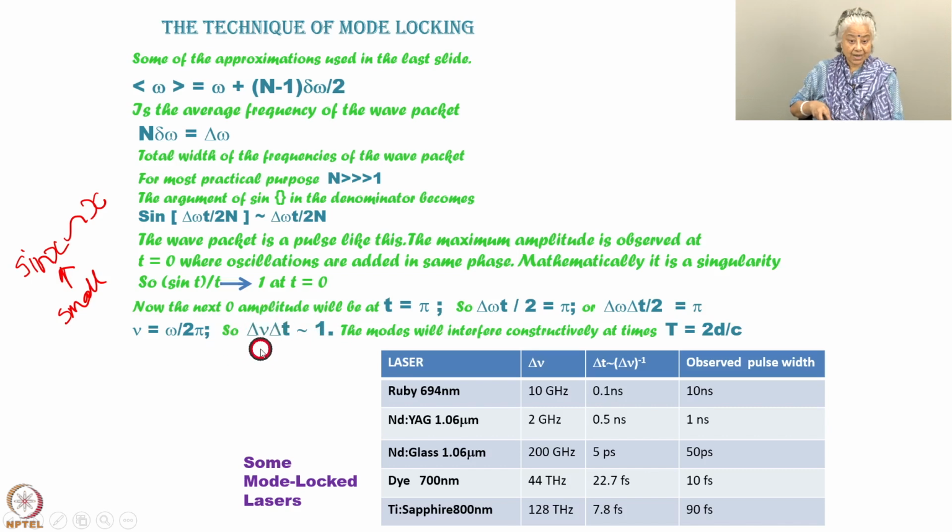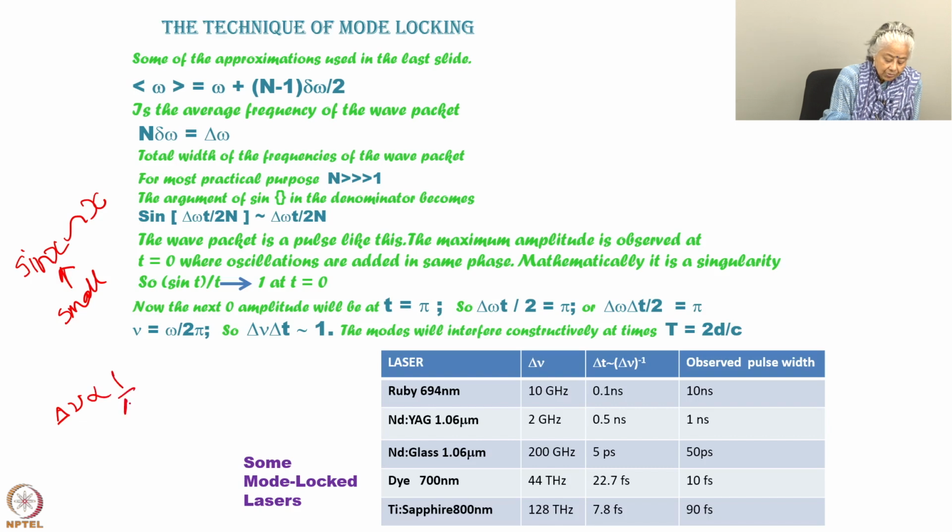That means delta nu is inversely proportional to delta t. So, if my delta nu is large, then my t, the pulse duration, will become very small.